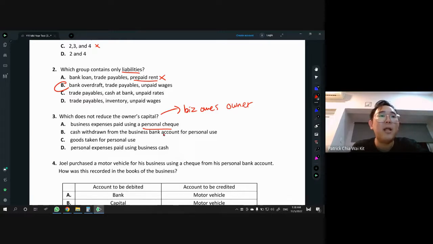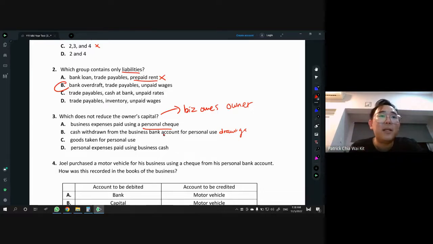These are all capital. Cash withdrawn from the business bank account for personal use. Definitely, this is drawings. Drawings will affect the owner's capital, because at the end capital will minus the drawings.